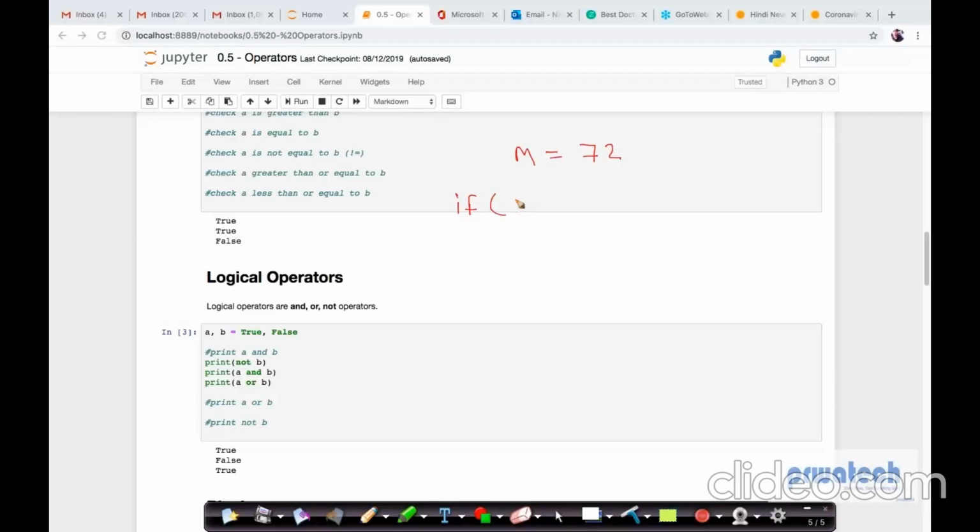If mark is less than 100, or 150 is less than m, print pass, else print fail.